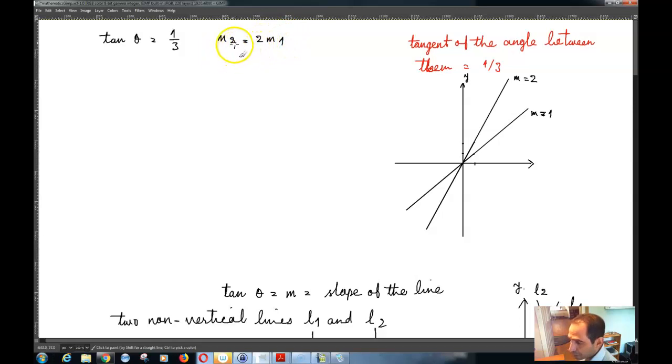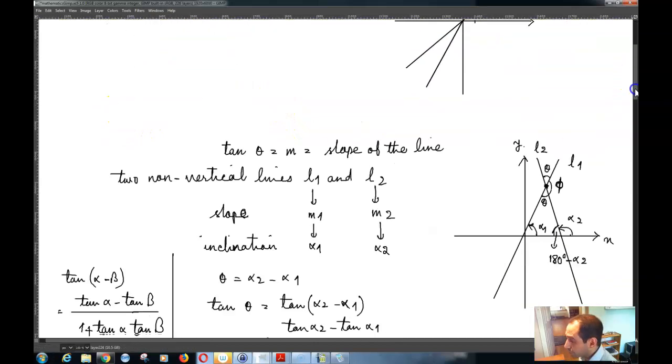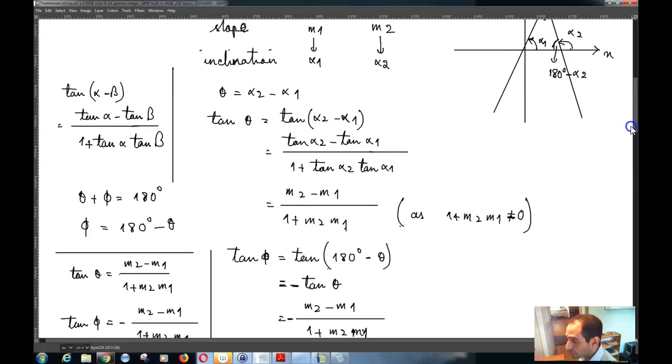Wherever you see m2, you substitute it with 2m1 in the formula that we had. Tan of theta is equal to the absolute value of (m2 minus m1) over (1 plus m2 m1).